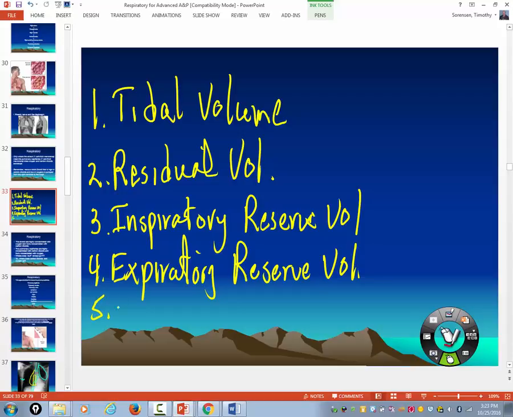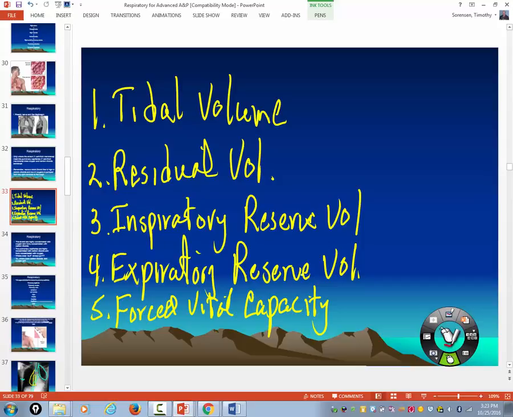Then you have forced vital capacity. In your book, it may just be vital capacity, but when you do a pulmonary function test, you actually force that air out.